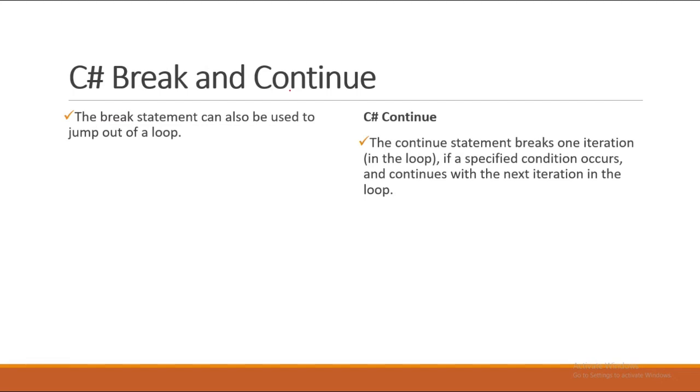Okay, and the continue keyword we are also going to use sometimes, together with loops, alongside break. The continue statement breaks one iteration. The break command breaks the whole loop; it stops, and execution continues after the switch statement or loop statement.